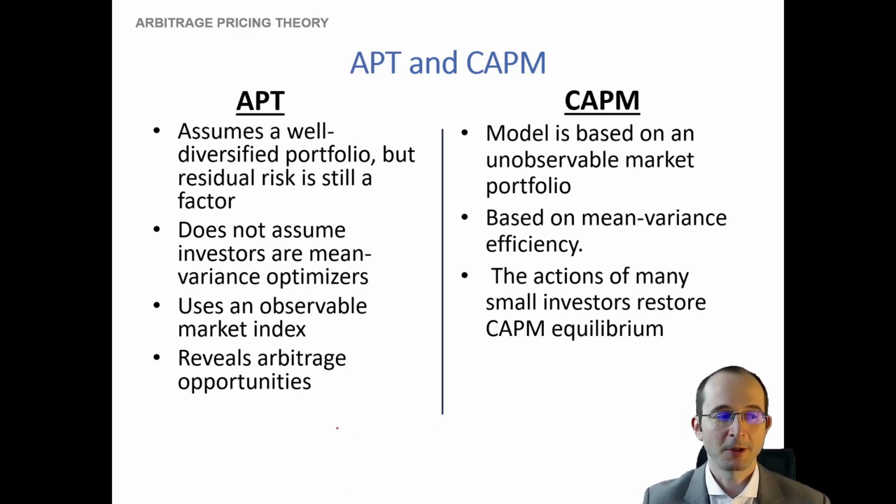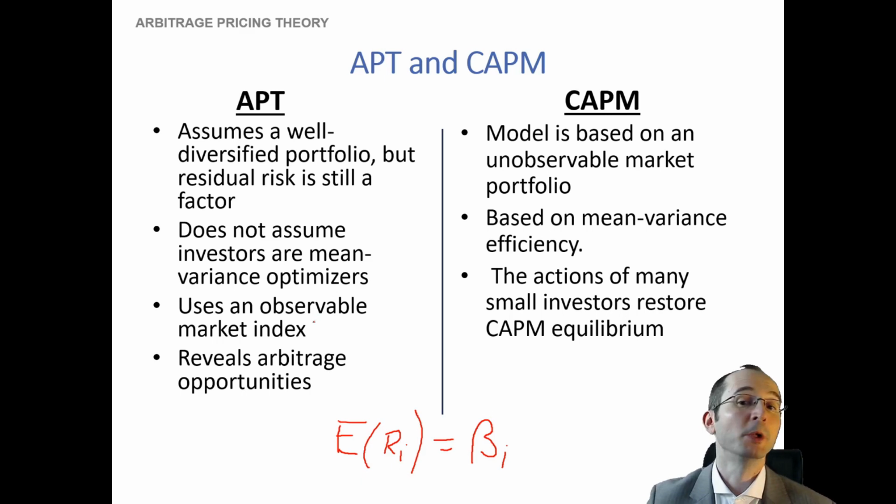That your expected return is going to be determined by your macro risk exposure. And by macro risk, in the single factor APT, we will usually mean the same thing as the market portfolio proxy for the CAPM.